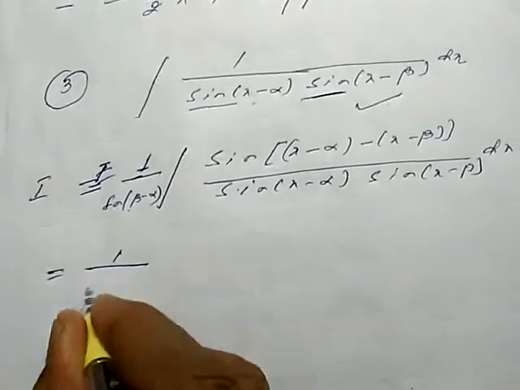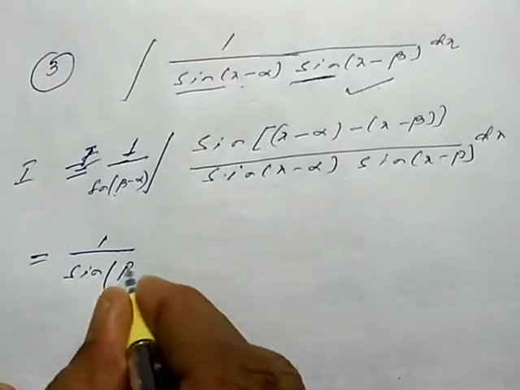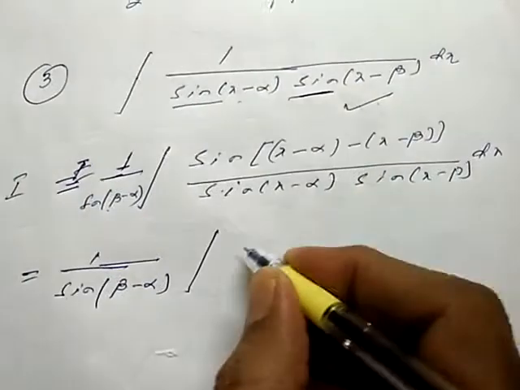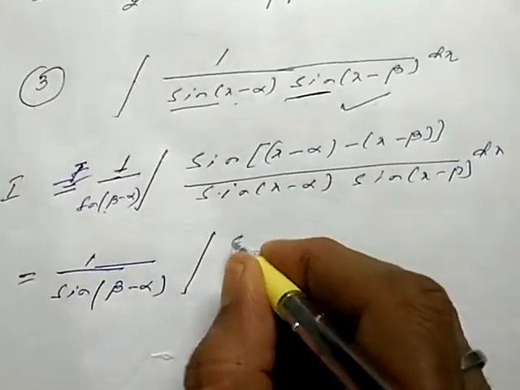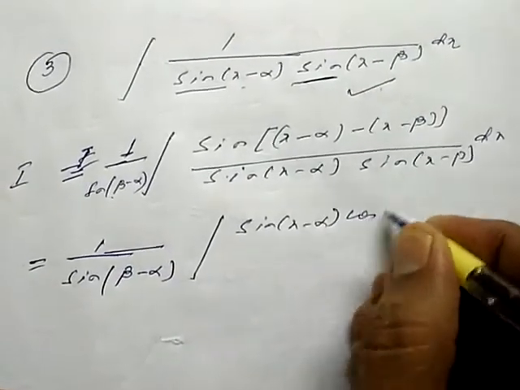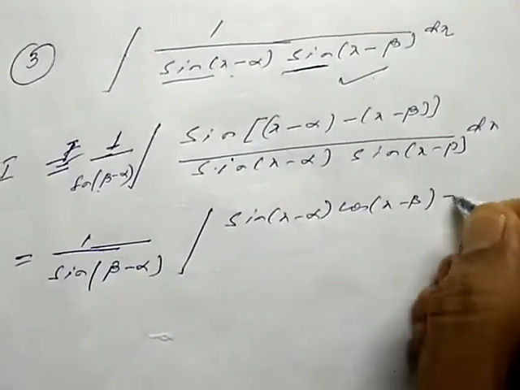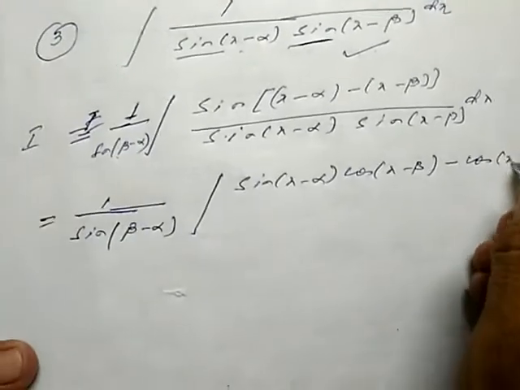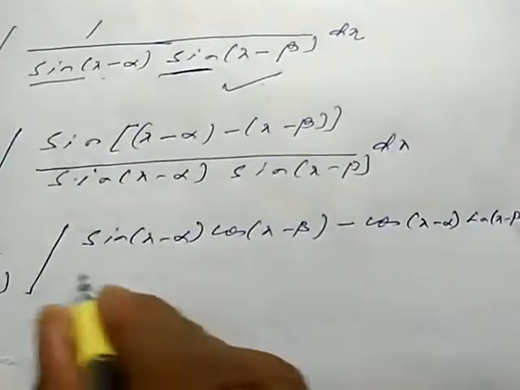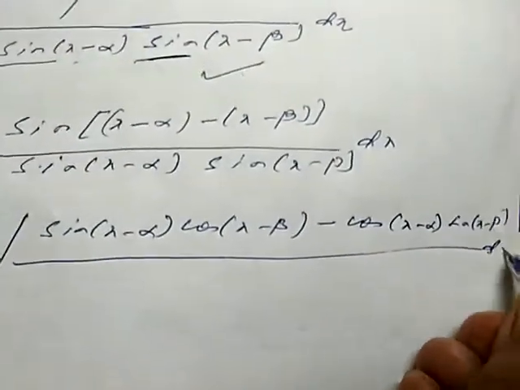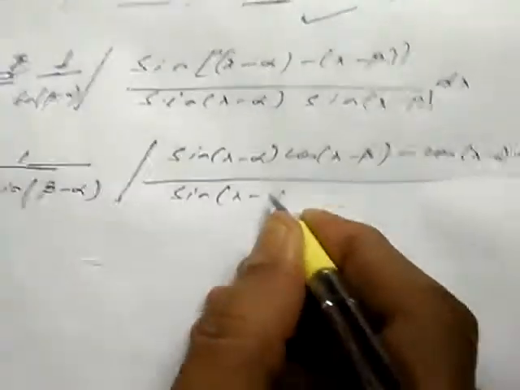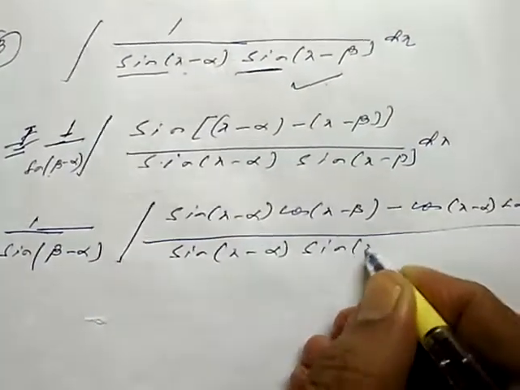So after that, this is 1 upon sin(beta minus alpha), and this will open in terms of the sin(a minus b) result: sin(x minus alpha) cos(x minus beta) minus cos(x minus alpha) sin(x minus beta), with dx, over sin(x minus alpha) sin(x minus beta).